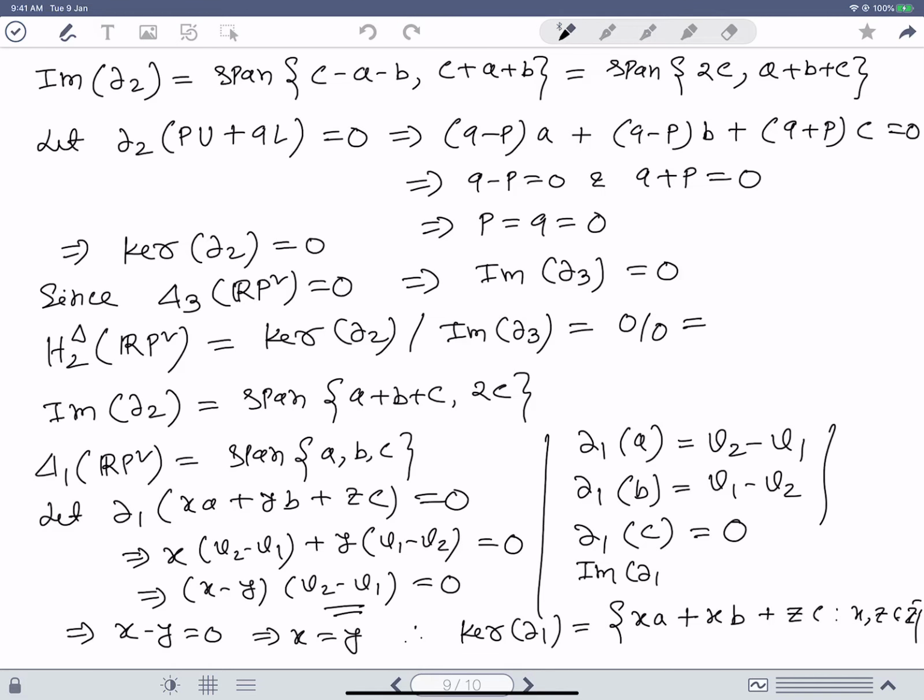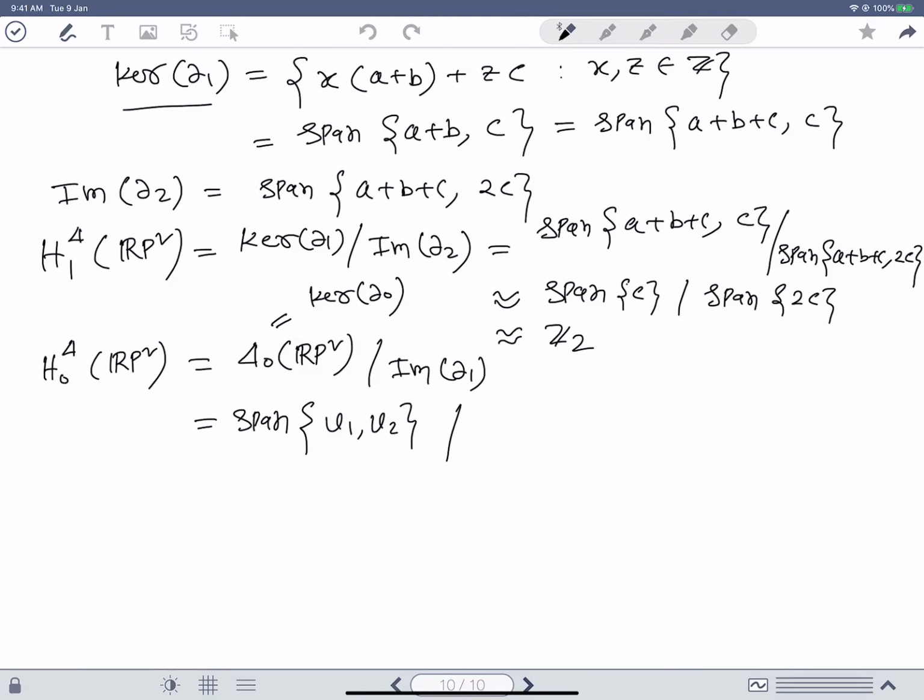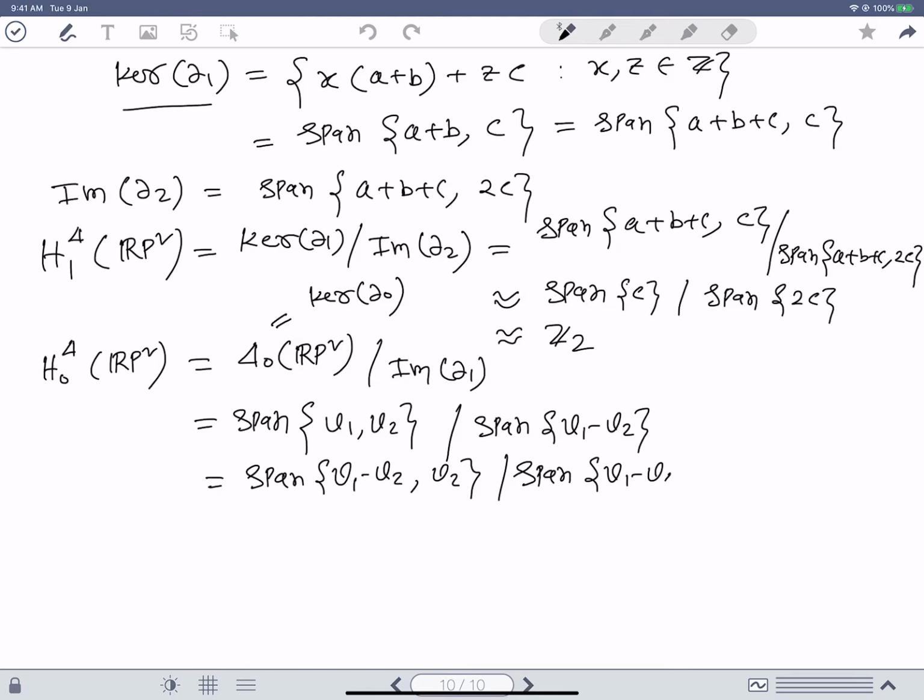So image of ∂1 equal to span of v1 minus v2. Now that is, again you can write span of v1 minus v2 comma v2 quotient with span of v1 minus v2, and that is isomorphic to span of v2, that is Z.